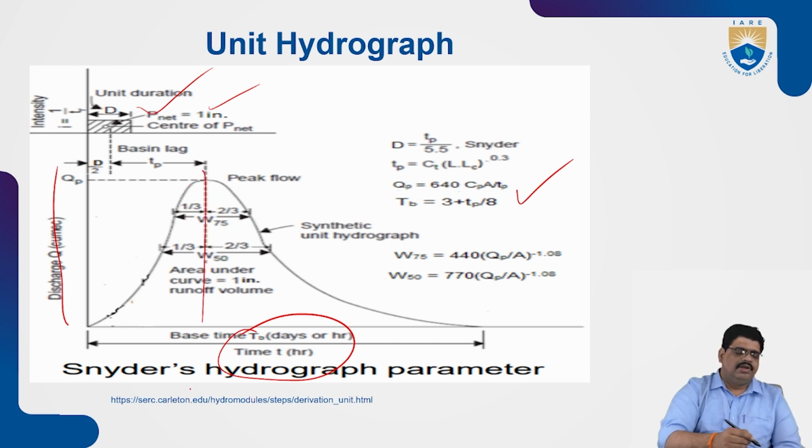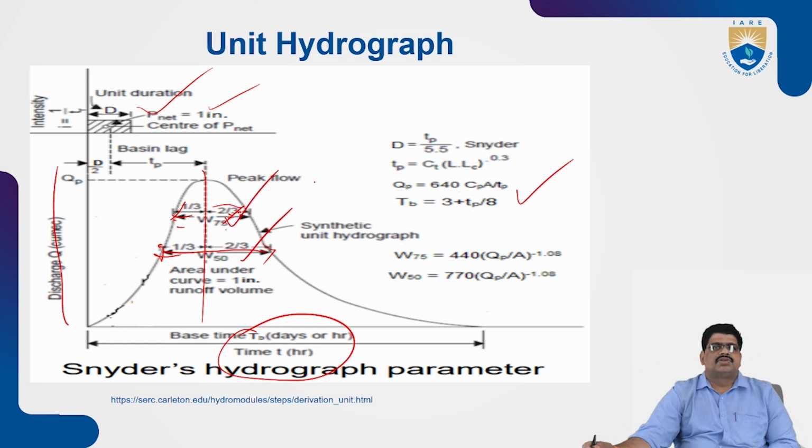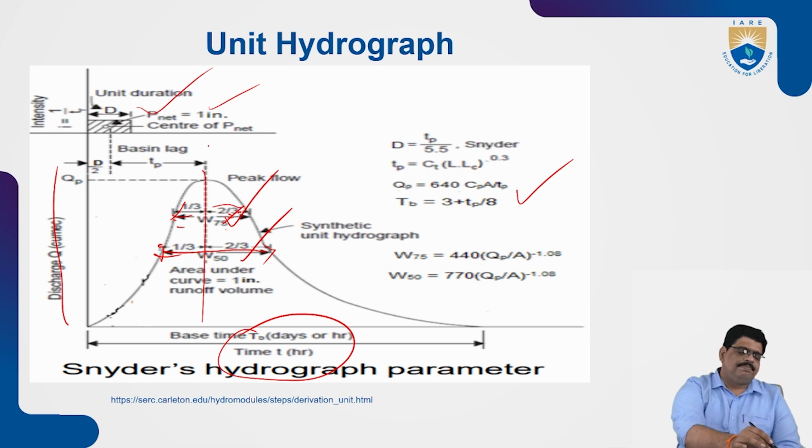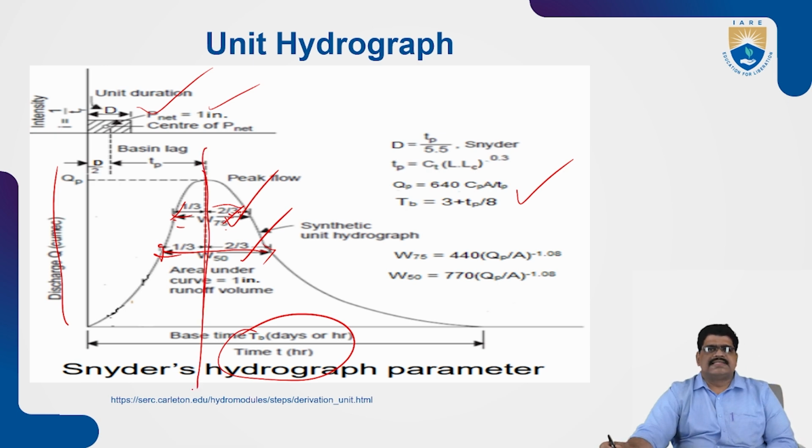1/3 is taken as one. W50 is taken here. In such a particular situation, we have to take it as W50, and here the width will be at the peak discharge. We calculate W75. So based on W50, this is the distance between the rising limb and the falling limb, taking the percentages of the peak value from the center. So there is some formula.